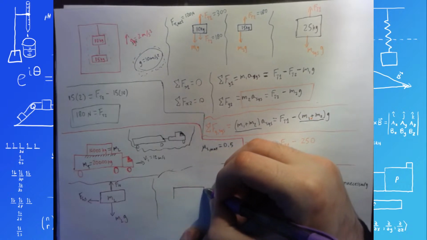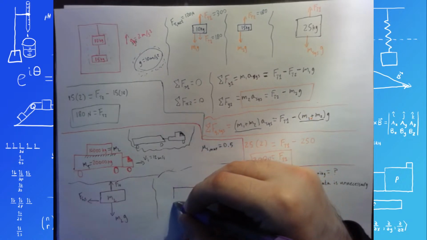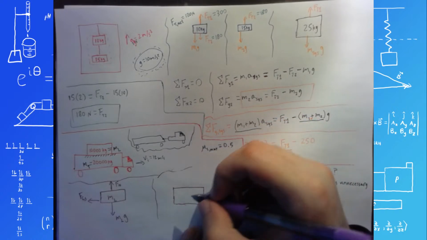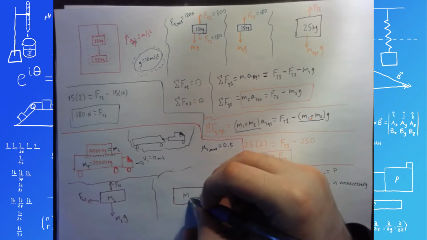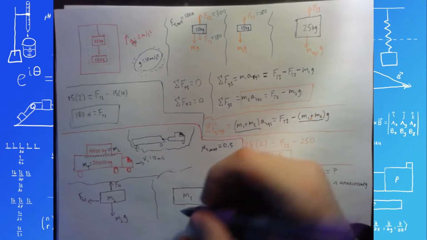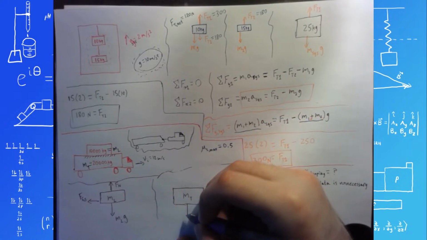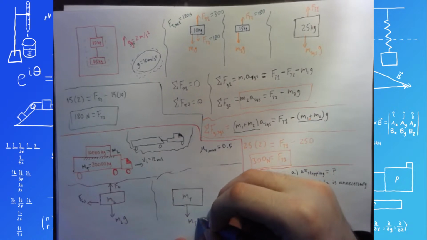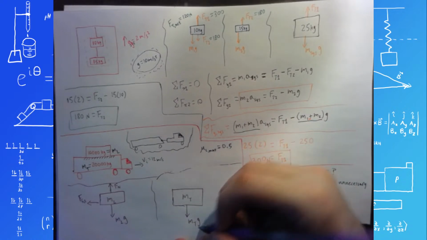I'm just going to redraw the truck as a block for the sake of speed. So here you've got the truck. We've got the mass of the truck times g, of course, since this truck is presumably on Earth.